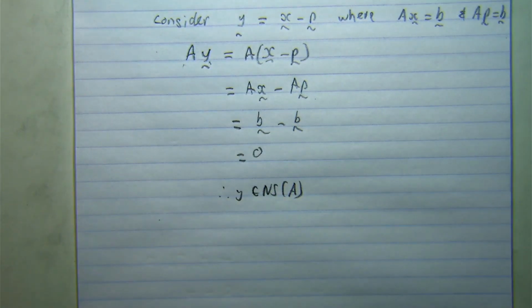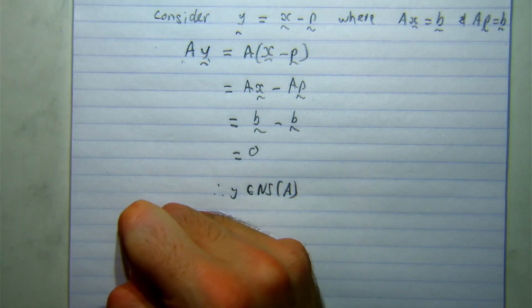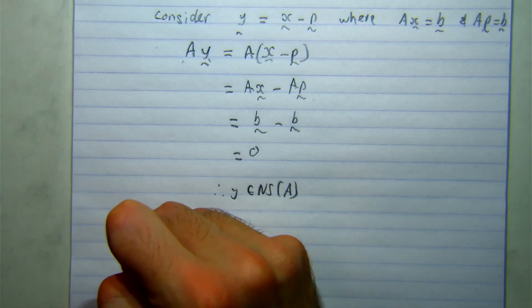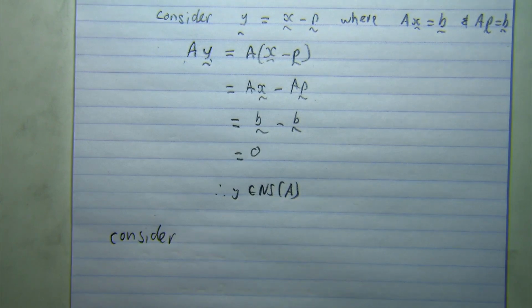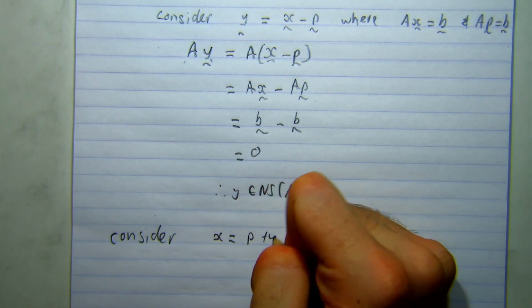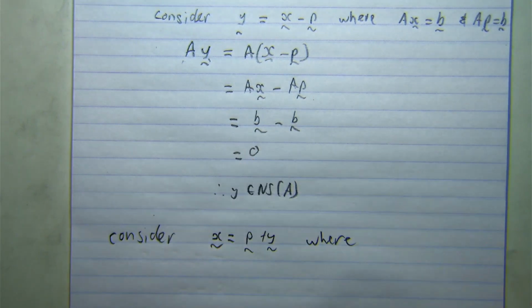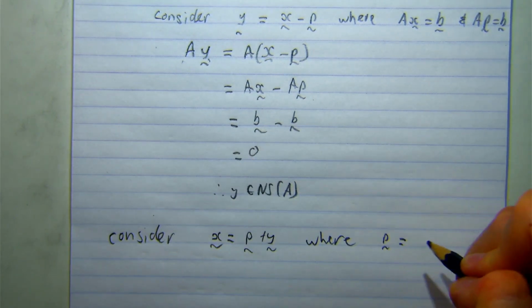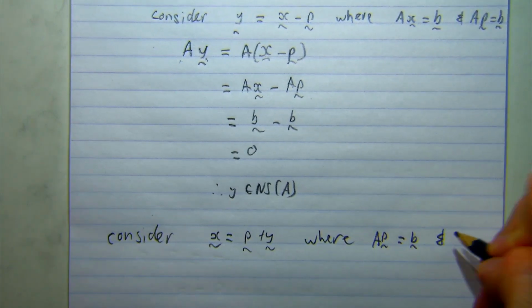Simple. And then on the flip side, we can consider what will happen when we look at P plus Y. So consider X equal to P plus Y, where P is a particular solution and Y is in the null space.